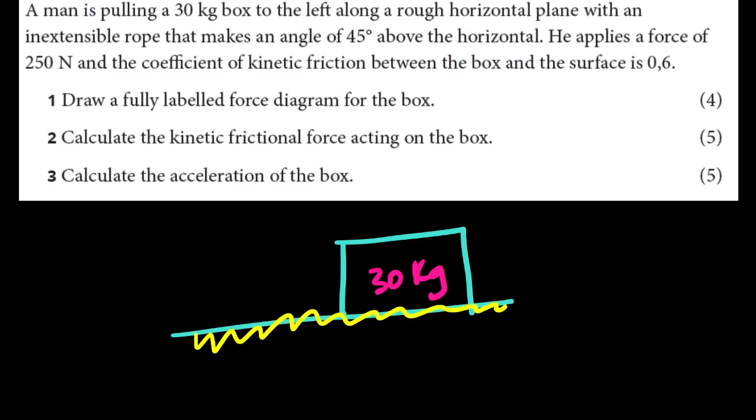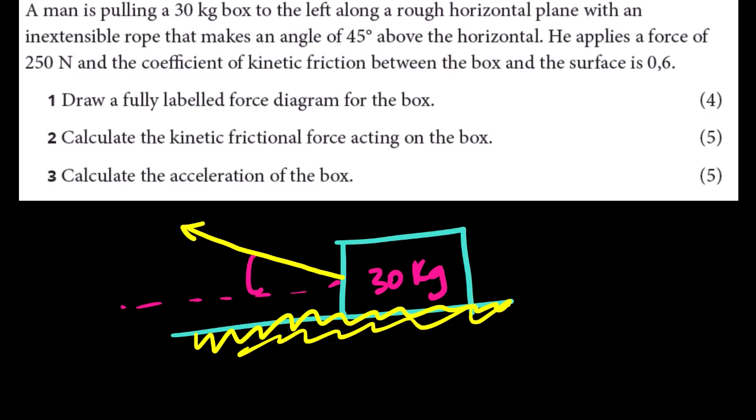So this plane is actually rough, and then it's pulled this direction, and then the force makes an angle of 45 degrees, and then the magnitude of the force is 250 newtons, and then we're given that the coefficient of kinetic friction between the box and the surface is 0.6.